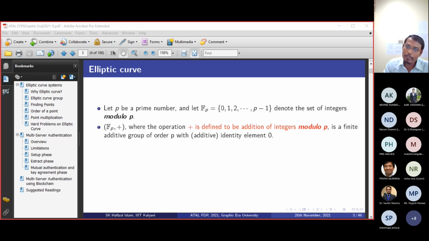If it is true for every integer, then we say this set satisfies the closure property. The associative property says that for any three elements, if you first perform the addition of b and c and then add a, it will be equal to a plus b plus c, right? This is the associative property. Yes, this is true for all the integers.